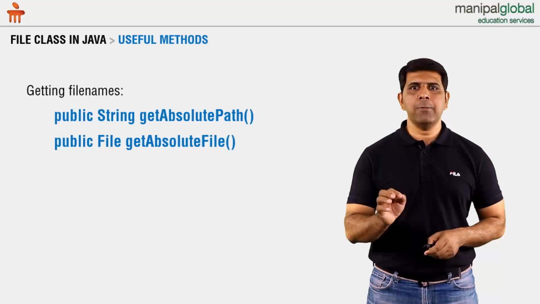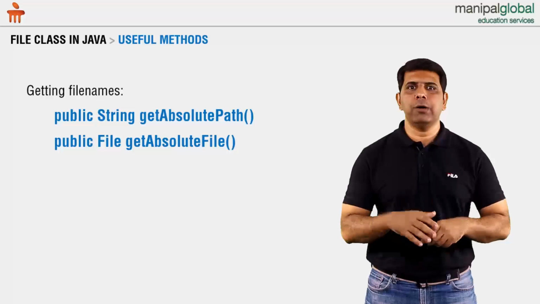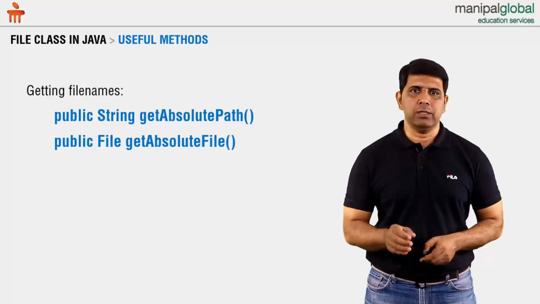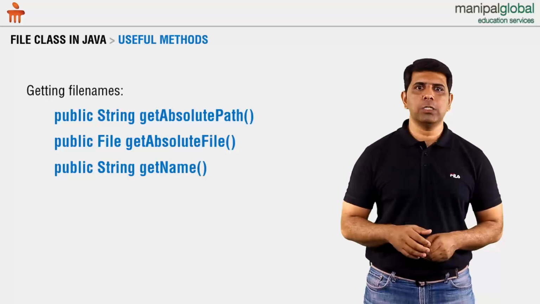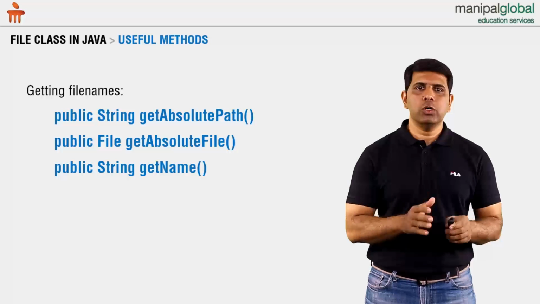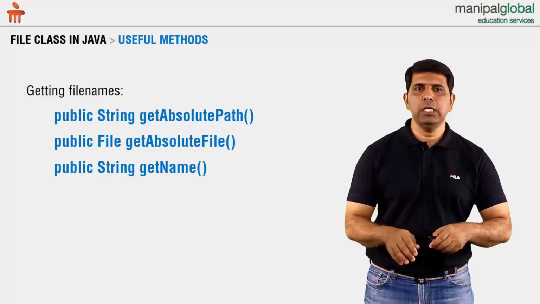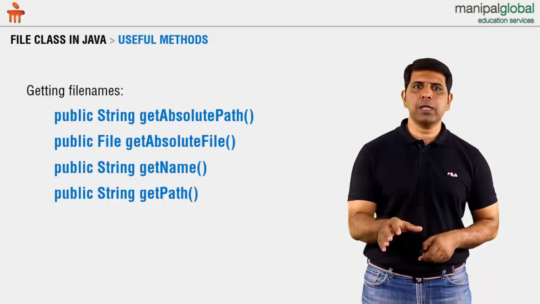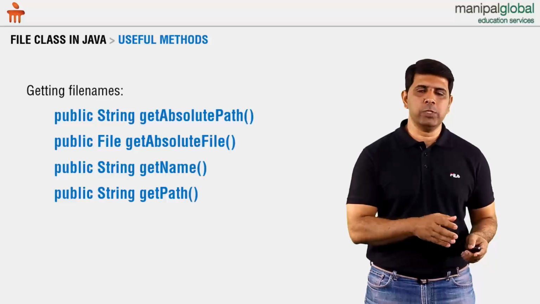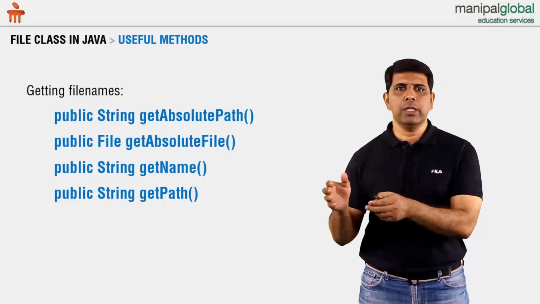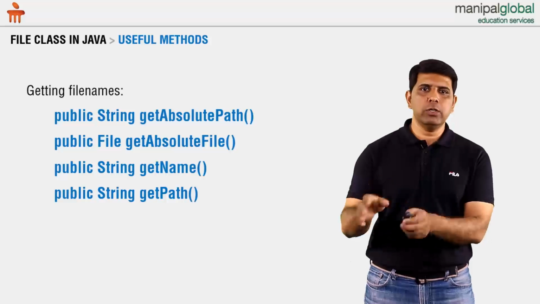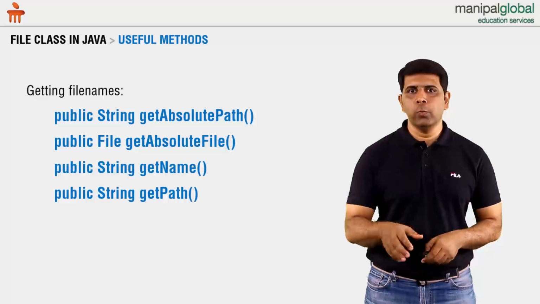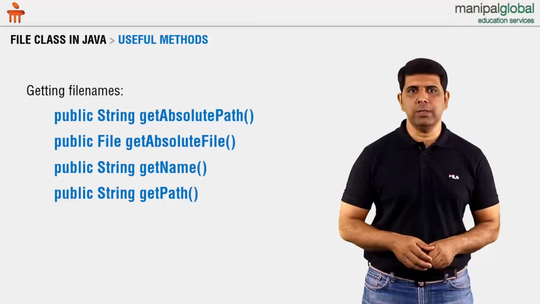The getAbsoluteFile itself will give you a file object representing the complete path name. You also have getName, which only gives the resource name, ignoring the location where it is stored. GetPath gives you the complement of that: while getName gives you only the name, getPath ignores the name and gets you the location where that resource is available.